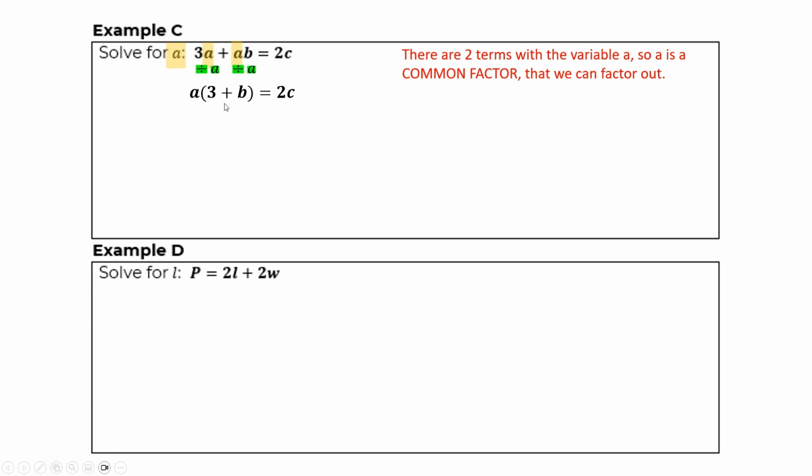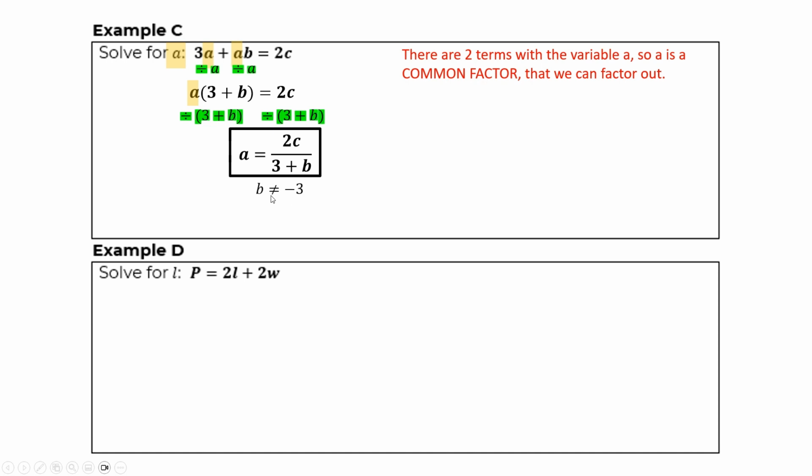Now that we have it written like this, we actually can get rid of this parentheses 3 plus b simply by dividing, because the operation that's happening between the a and the 3 plus b is multiplication. So we can divide by the parentheses 3 plus b, and we're going to divide on the other side by 3 plus b. And we get a is equal to 2c divided by 3 plus b.